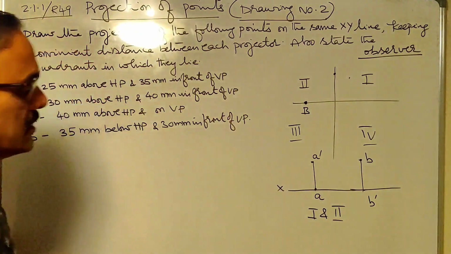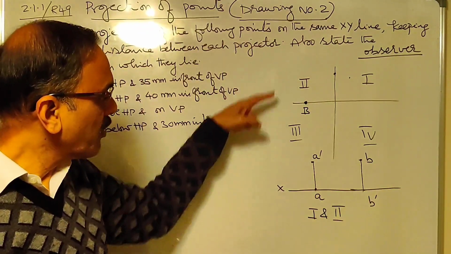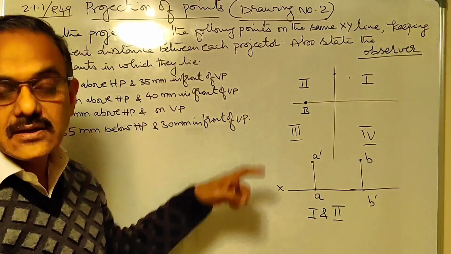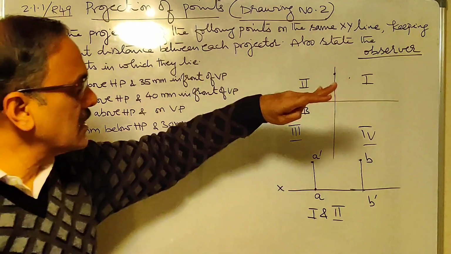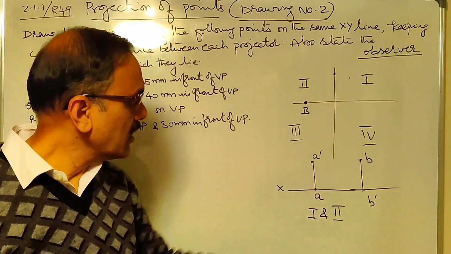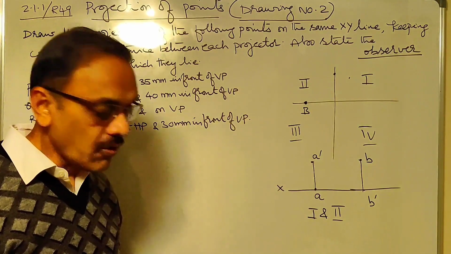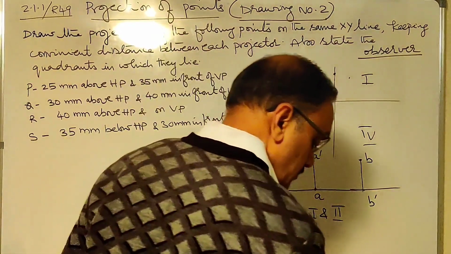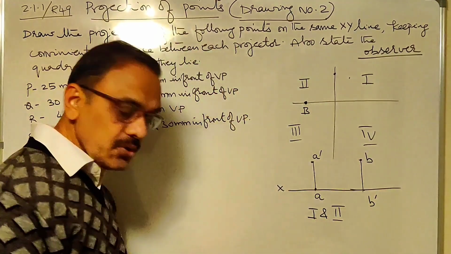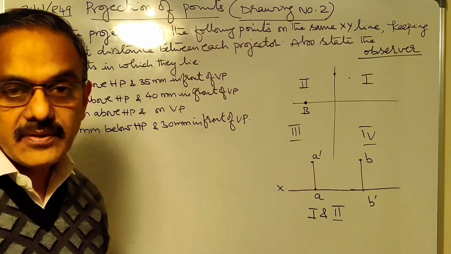So when you have a point behind VP and on HP, you can say the point is in second as well as third quadrants, because again it is on the partition. So behind VP and on HP can be considered as second as well as third quadrants. This was not told to you in the last class. That is why I made a revision of that.